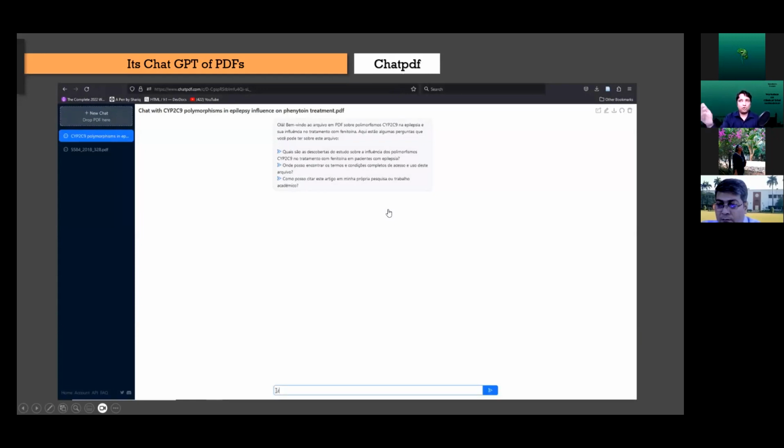Some tools are almost totally free, but this tool is almost free in the sense that it allows you to have 3 PDFs per day. You can ask questions about 3 PDFs per day. So it's not completely free, but it's almost free.